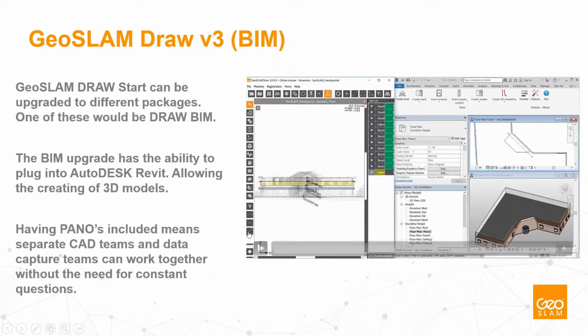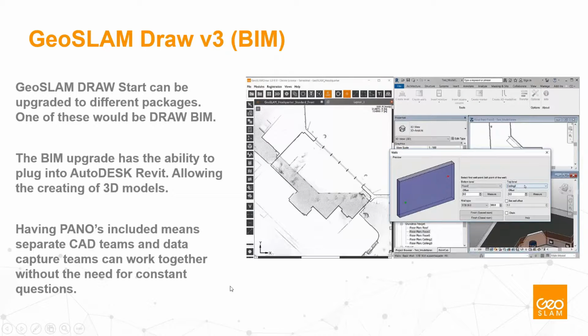Okay, so then the next package I wanted to talk about was another upgrade. From GeoSLAM Draw Start, you can upgrade direct to GeoSLAM Draw BIM. What GeoSLAM Draw BIM allows you to do is it's essentially got an extra feature, which is a Revit plugin.